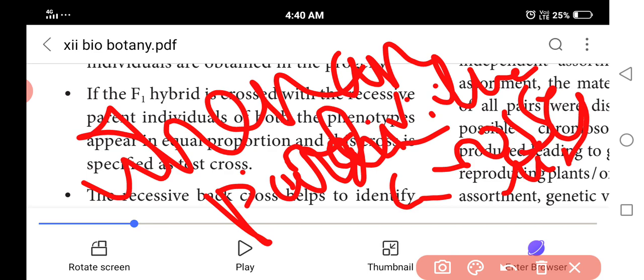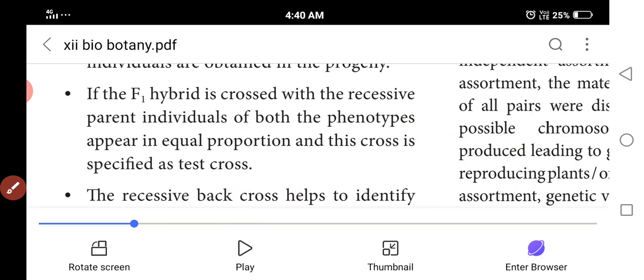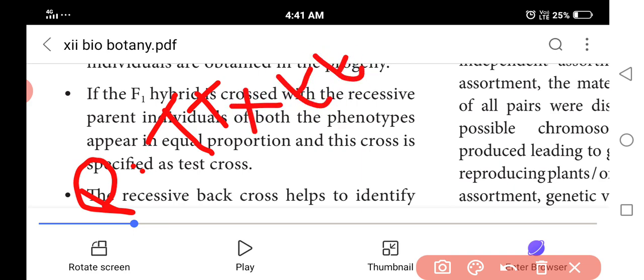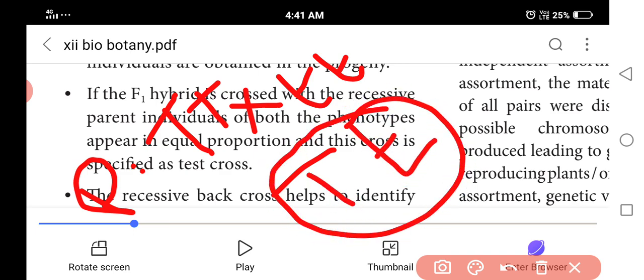So for example, in a backcross, parents are capital T capital T and small t small t. The F1 generation is capital T, small t.